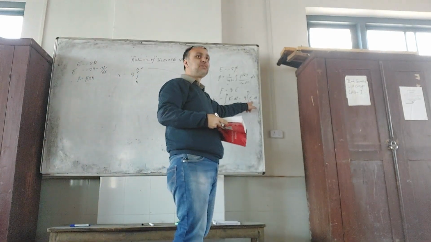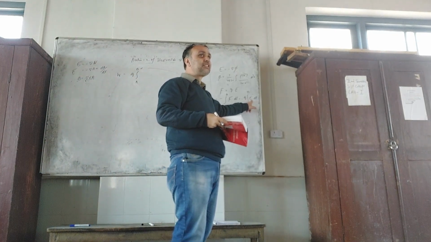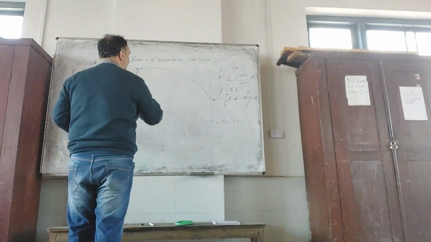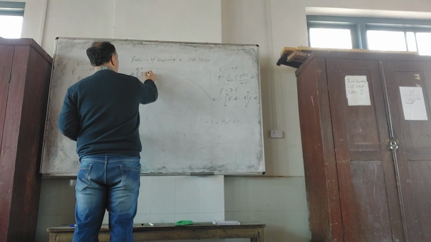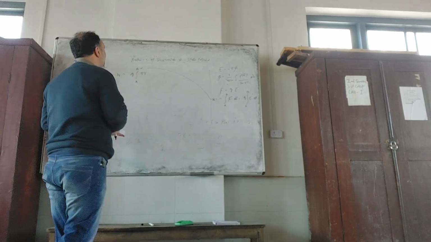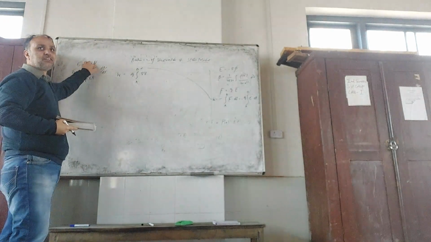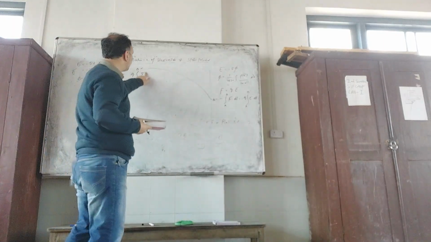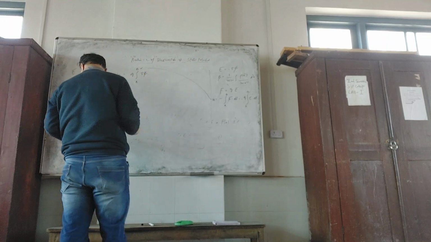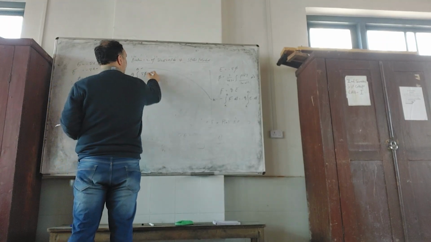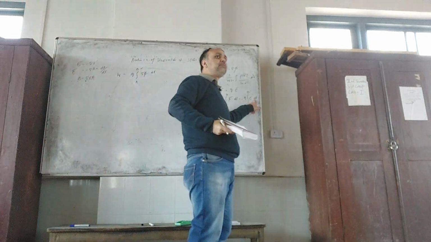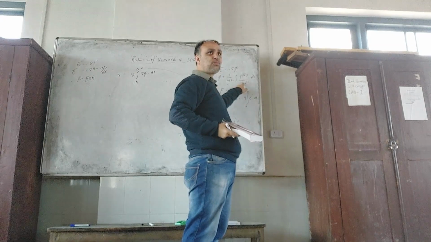E is equal to minus del of V. We can also write it in terms of phi as a scalar potential, which is a better way of writing it. So E is minus del phi, dotted with the line element dl from point A to point B.